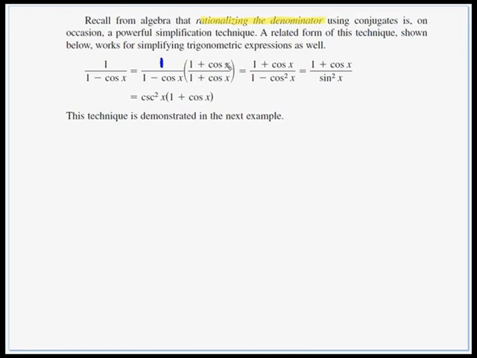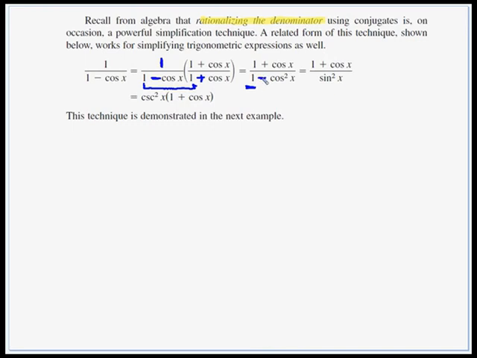So when we multiply straight across, 1 times the numerator, 1 plus cos x, is 1 plus cos x. And the reason we choose the conjugate is now we can FOIL it out and we will have no middle terms. Or if you remember the algebraic shortcut of a sum and a difference, 1 times 1 is 1.